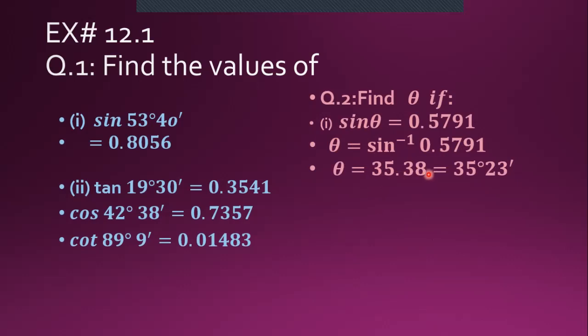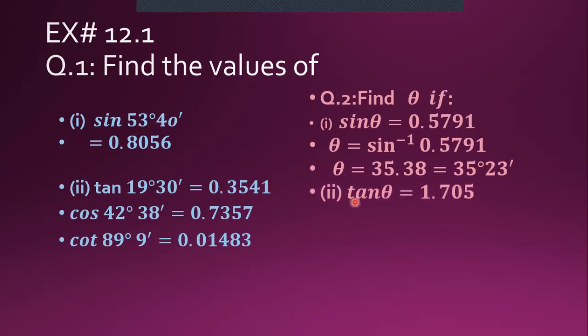Now this 35.38 becomes 35 degree 23 minutes, and again you will use that DMS button. If 35.38 is written, then you will press that button on which degrees, minutes and seconds are represented in the calculator, and it will be converted automatically into 35 degree 23 minutes.